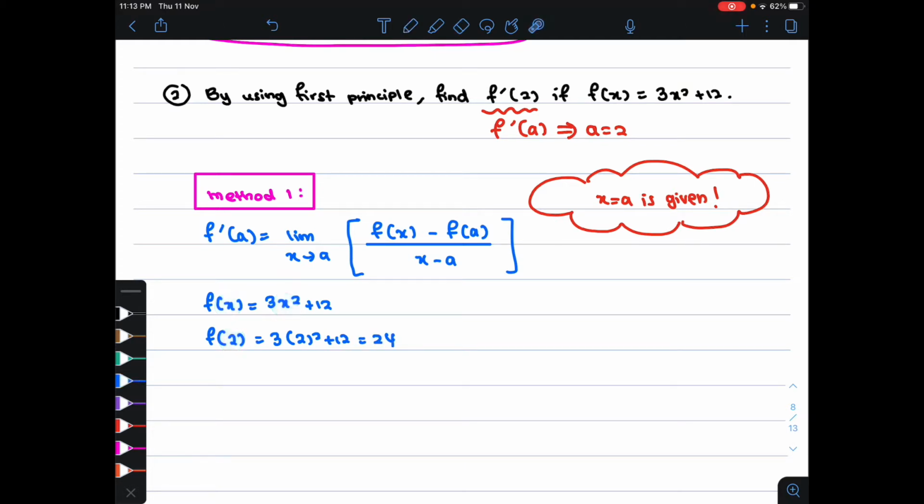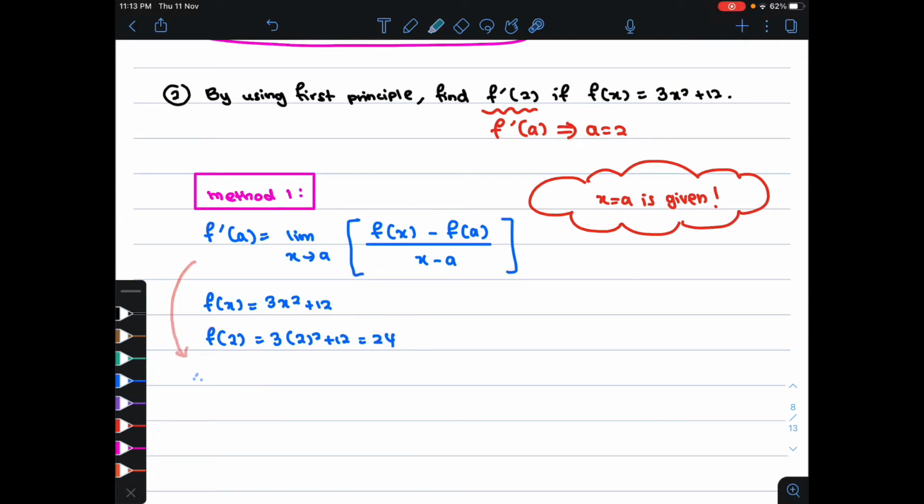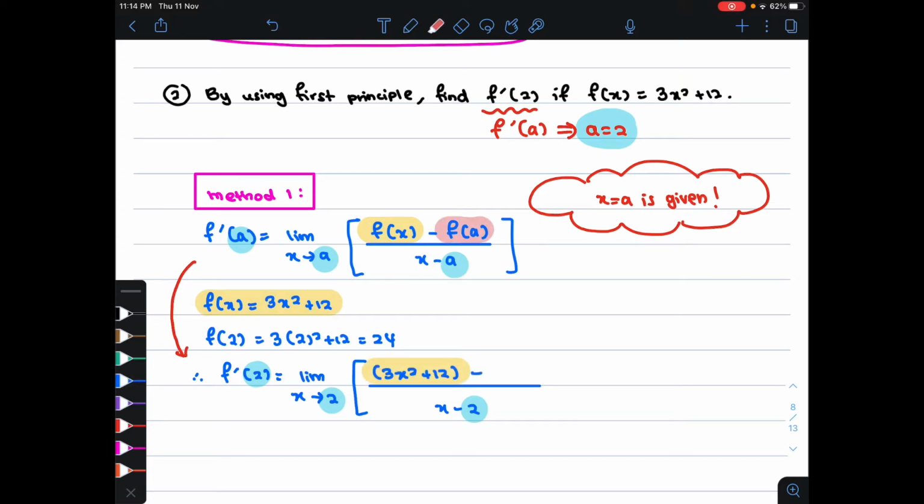So now just substitute the value of a, f(x), and f(2) into this formula. a is 2. So you'll get f prime 2 equal to limit x approaches 2, and the denominator is x minus 2. f(x) is just 3x squared plus 12, and f(a) is 24.